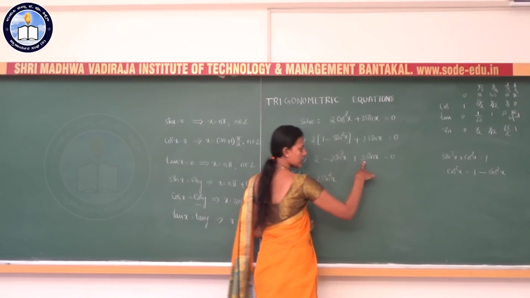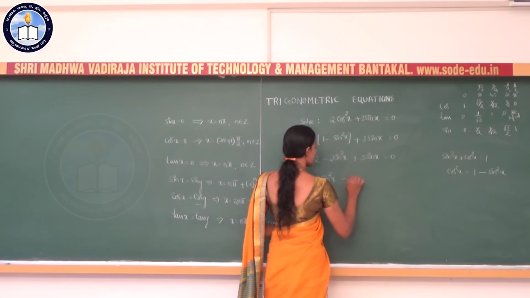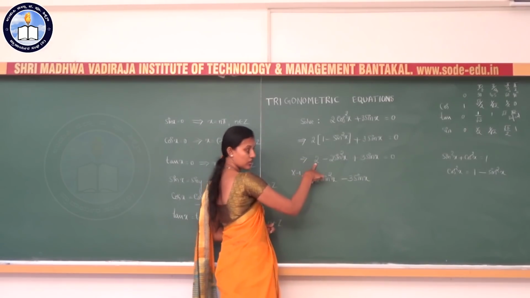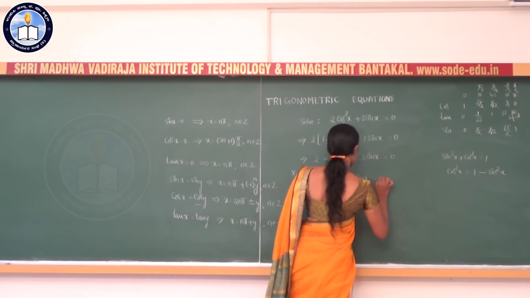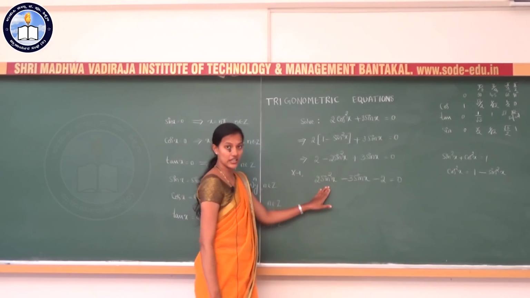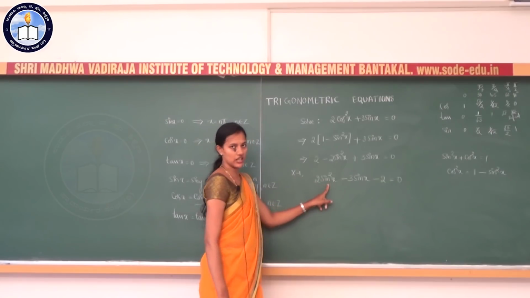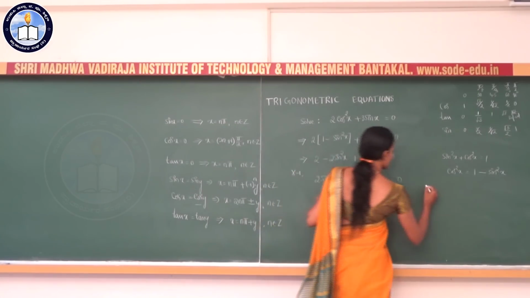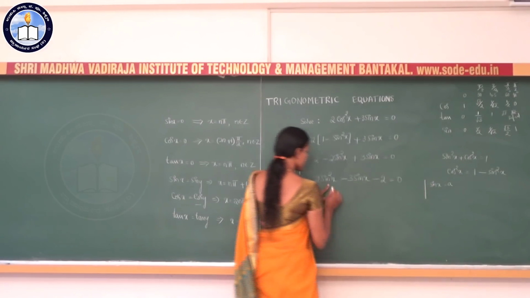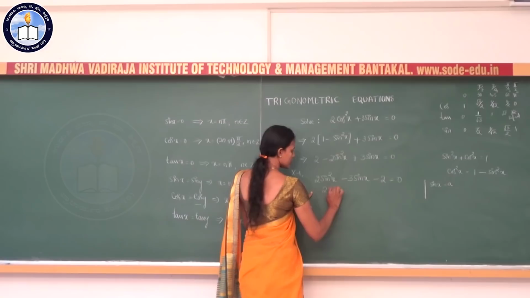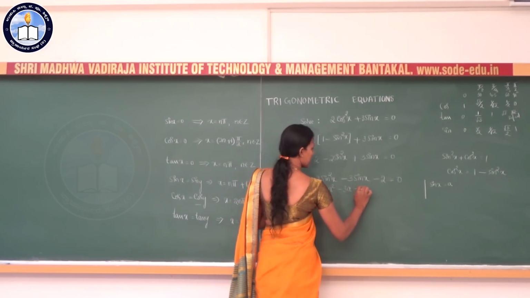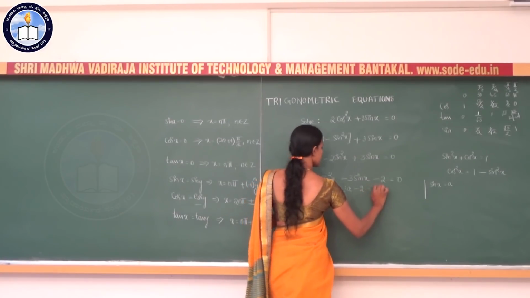Minus 1 into 3 sin x is minus 3 sin x. Minus 1 into the constant term, that is 2, is minus 2. So now it is a quadratic equation in sin x. For simplification, you can take sin x as, say, a. So you can rewrite this equation as 2a square minus 3a minus 2 is equal to 0.